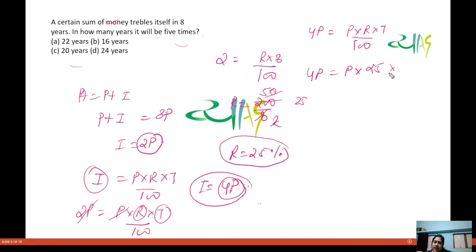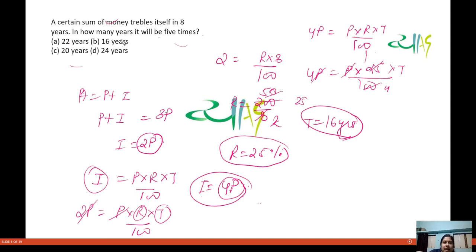This T we have to find, and this is divided by 100. Obviously, this P and P will get cancelled, and this will be 1 times, this will be 4 times, so T is coming to be 16 years.